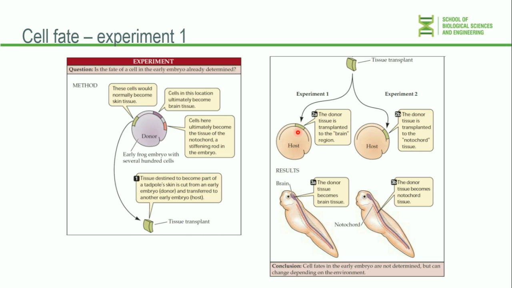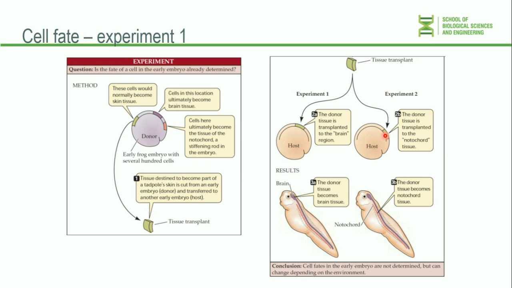These transplanted cells that we know in this embryo will become skin cells, we follow them through all the divisions in the growth and development of the animal, and lo and behold, they become brain tissue. And the transplant that we insert right here, in an area that we know is going to become a notochord, these cells will become notochord tissue.